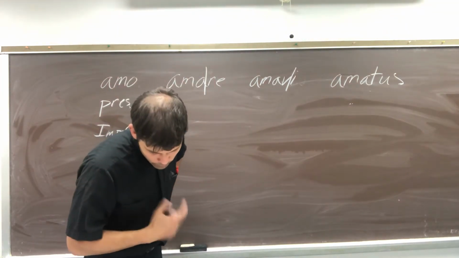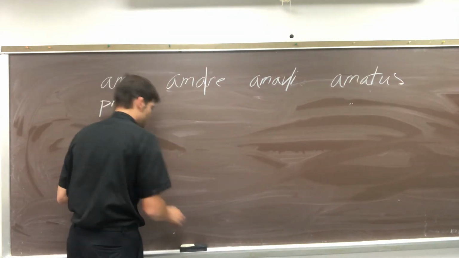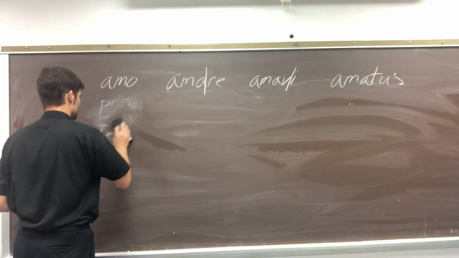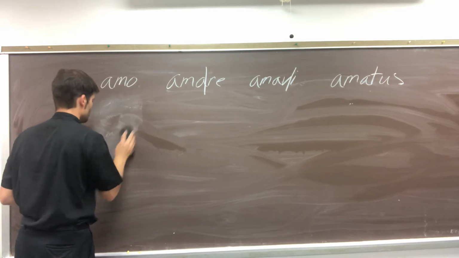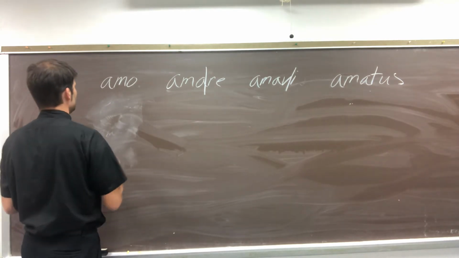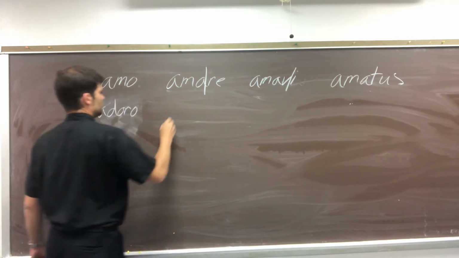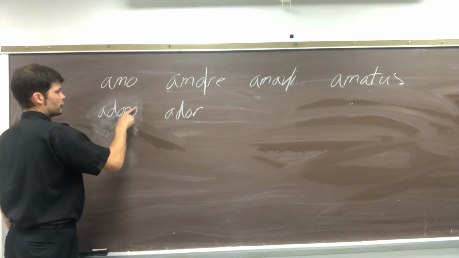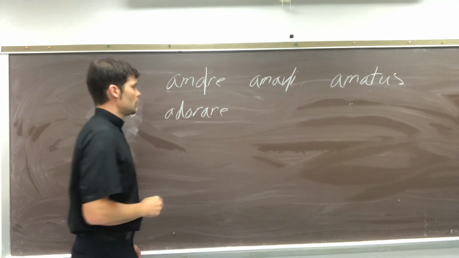So we did amo, we can do adoro, for example. Same thing for adoro. I'm going to erase these tenses, and let's do it like this. So we have adoro, present, adoro. Now watch this. We'll take off the O and put A-R-E: adorare.